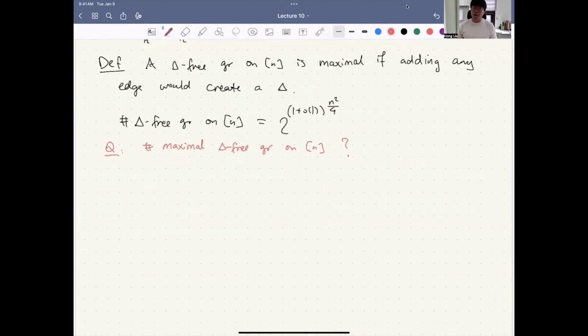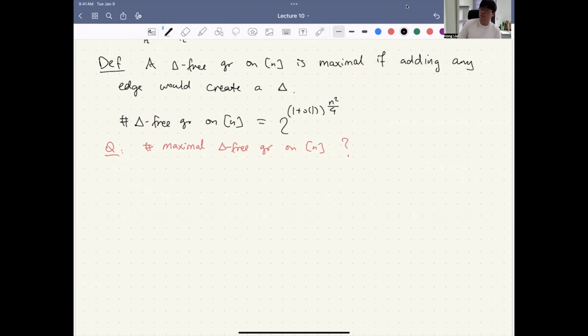This was asked by Erdős, whether there are significantly fewer maximal triangle free graphs. It was first proved by Balogh and Petříčková that there are exponentially fewer maximal triangle free graphs.